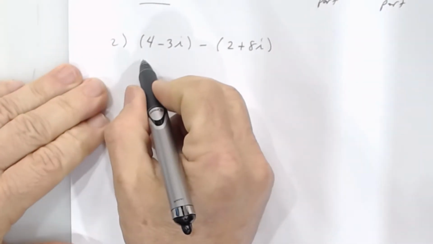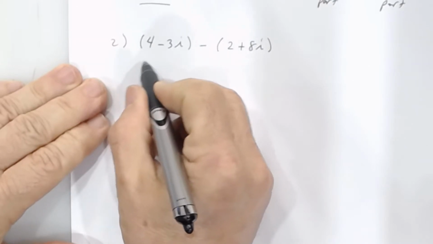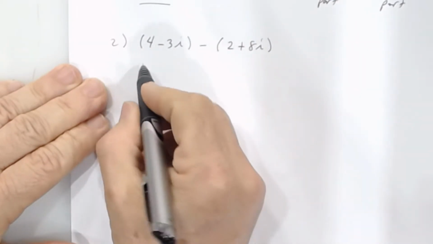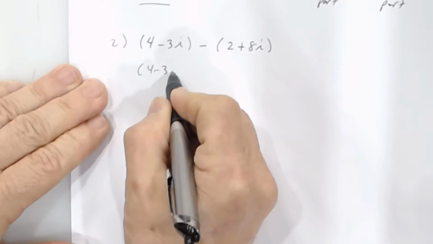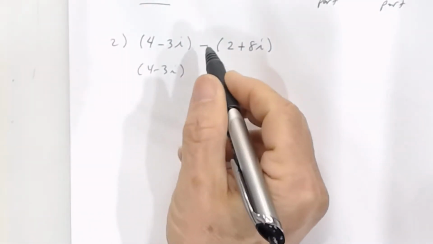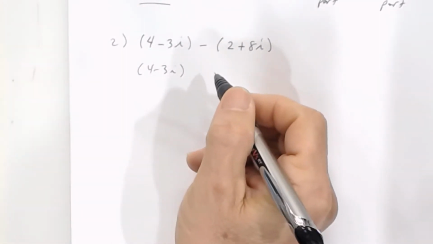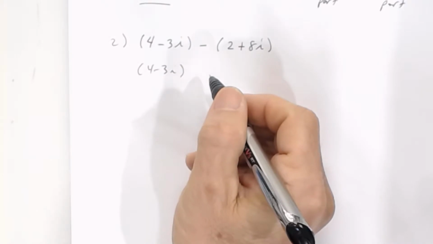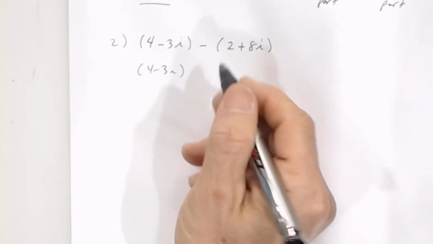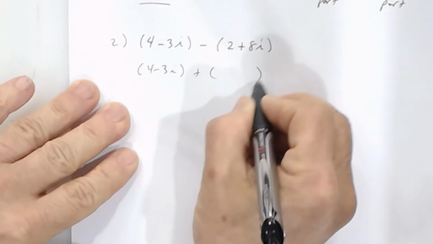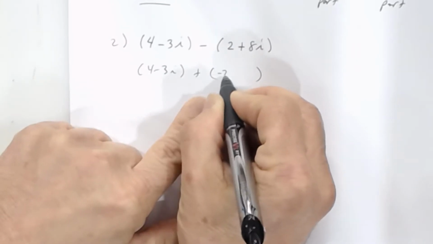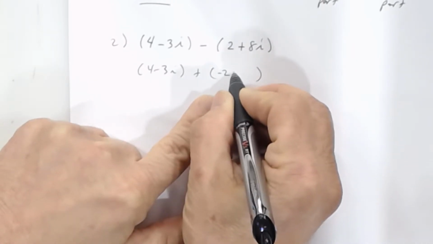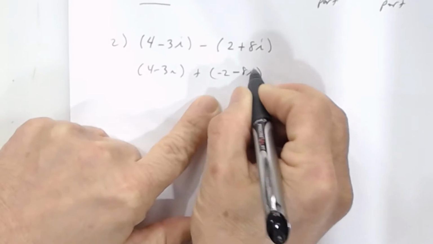So here you have, I'm going to leave it in parentheses since I left the other in parentheses, 4 minus 3i, right? And remember, subtracting is the same thing as adding the what? The negative, adding the opposite, right? So if I distribute the negative, that becomes what? Negative 2 minus 8i.